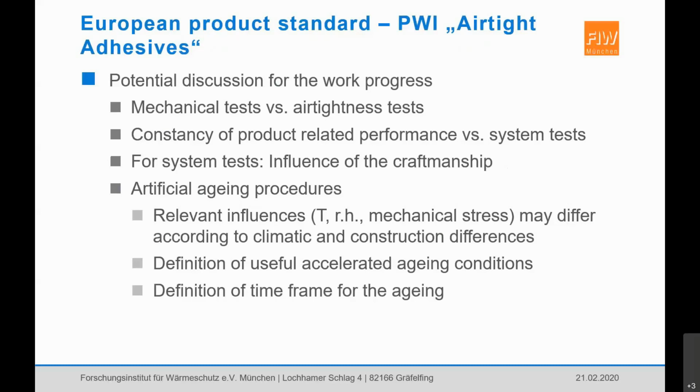Then, of course, the question remains: what is the influence of the craftsmanship when building up these test cases? So maybe, or for sure, the reproducibility and repeatability will be lower for such more realistic tests than for these more product-related tests with the small test specimen.